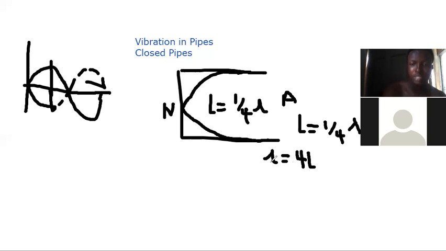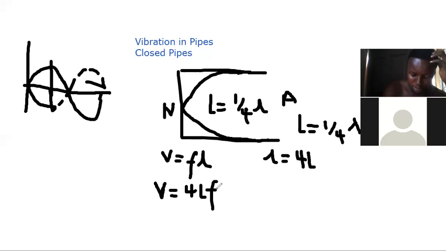But we know that the velocity or the speed will be equal to V equals F times wavelength. So we can substitute this one here. So V will be equal to 4LF.